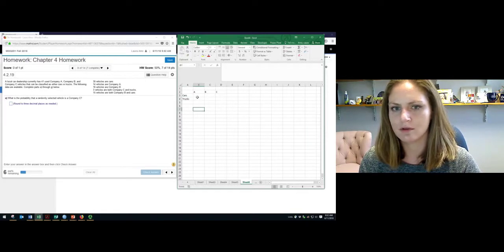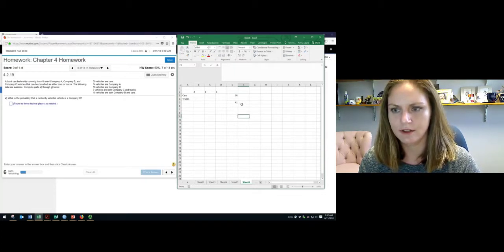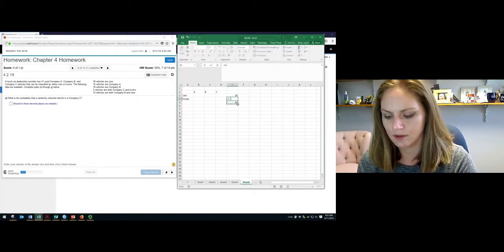It doesn't matter what you have as rows or columns. I know that the total number here is going to be 41, and that there's a total of 30 cars. So we can deduce that the remaining are going to be trucks, okay? So this minus this.